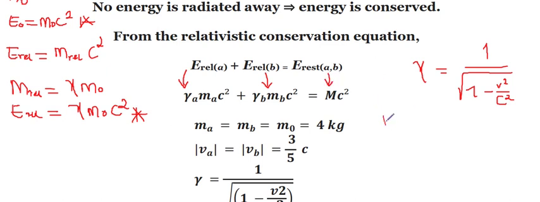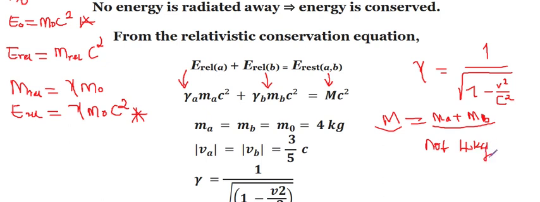It's important to note that this M here is equal to the mass of A plus the mass of B. So the composite lump has mass M and is actually the sum of the masses of A and B. But these masses are not the initial 4 kilograms we're being told of.